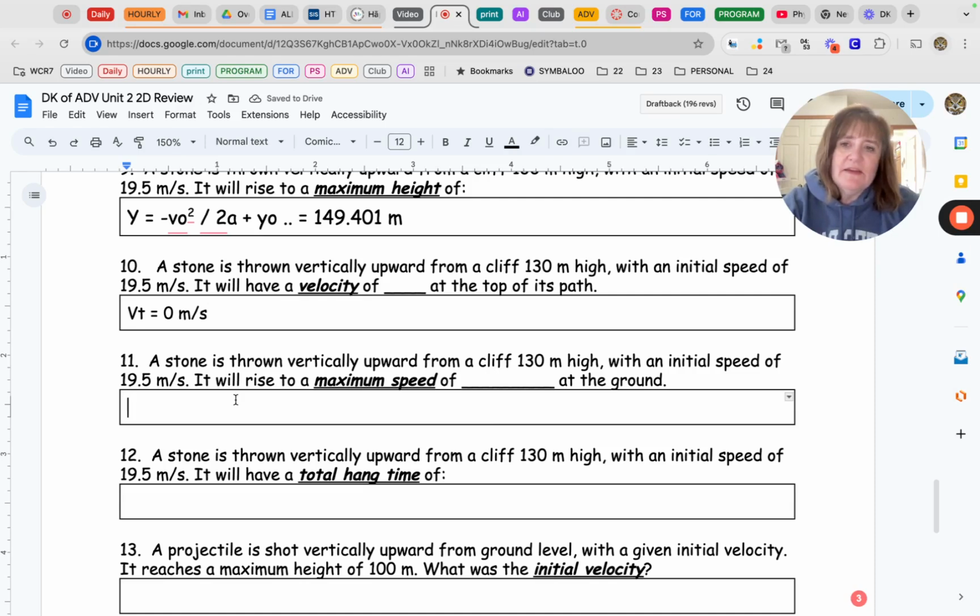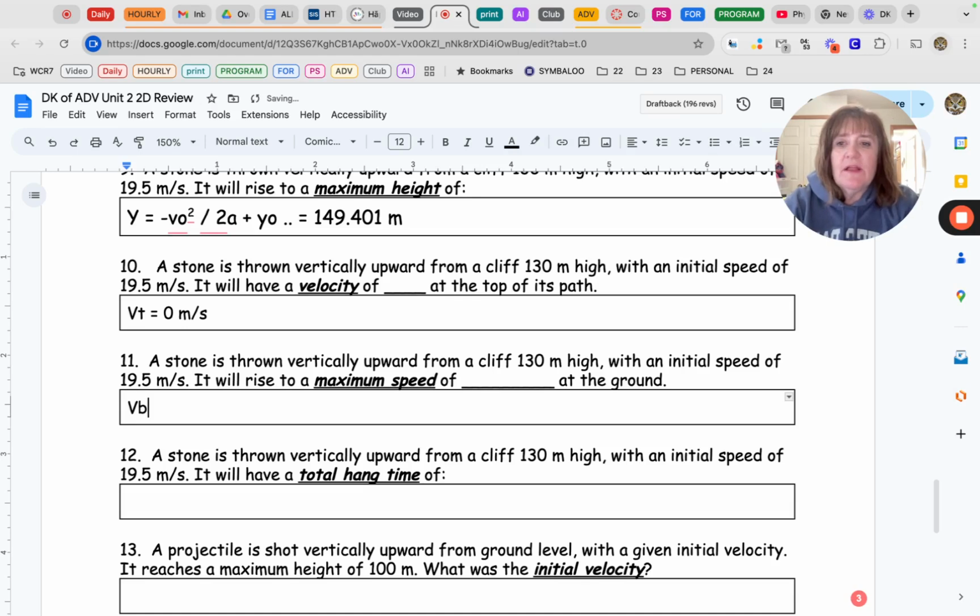Number 11 is a linked part. A stone is thrown vertically up from 130 meters with an initial speed. It will rise to a maximum height. Notice it says speed, not velocity, of what at the ground.